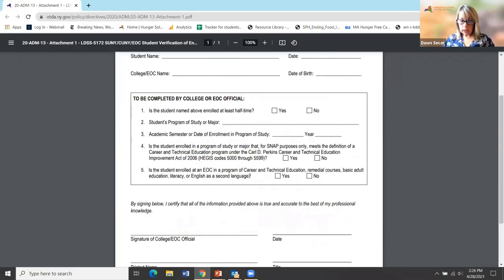And each EOC and ATTAIN Lab is responsible for creating a process to make this form available in an easy to find location and to provide the information needed on the form pertaining to each student's circumstances. So you have to confirm and verify that the student actually meets the rule and is in a program like is listed.